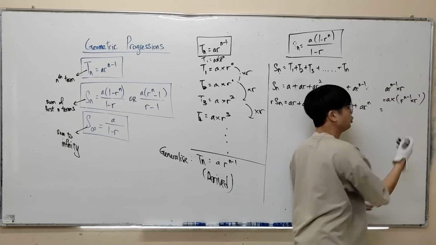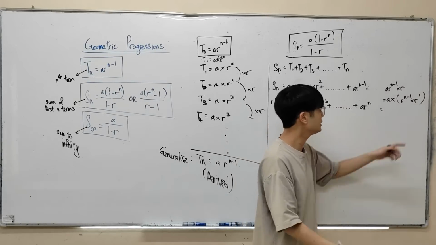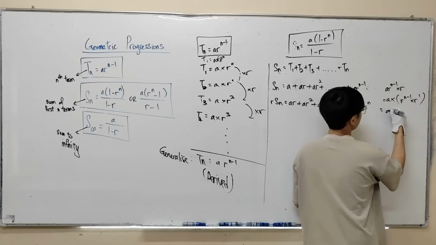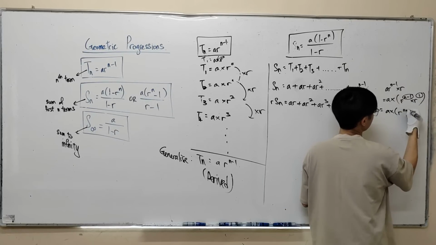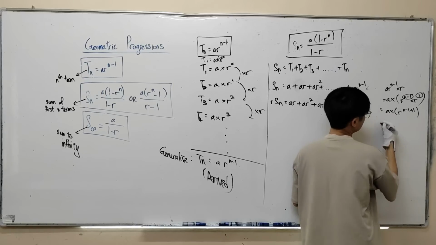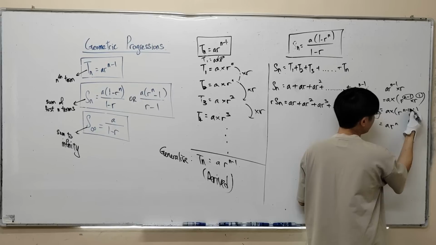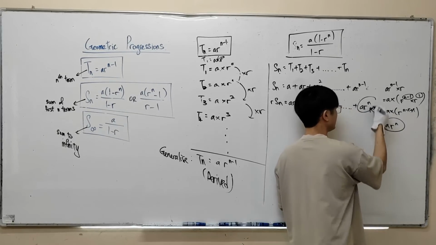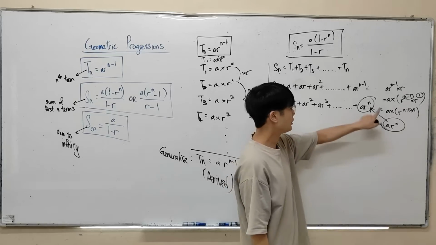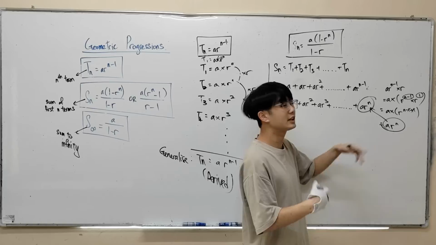When you have two numbers with the same base and you want to times them together, the powers you need to plus. So it becomes A times R power n minus 1 plus 1. Negative 1 plus 1 is 0, so it's AR power n. That's why here I write AR power n. So now you understand where this thing comes from, right?